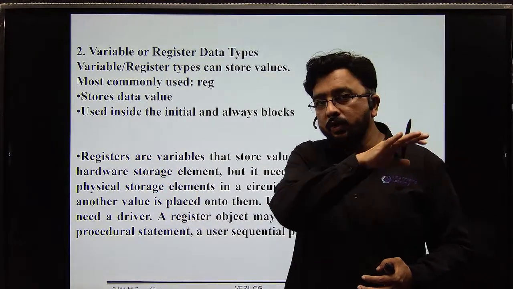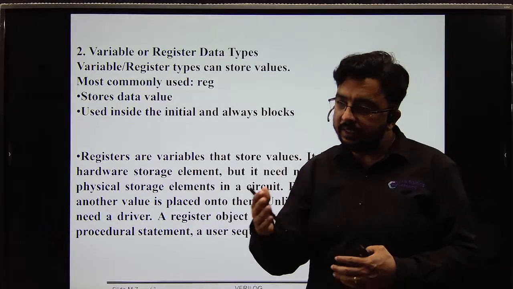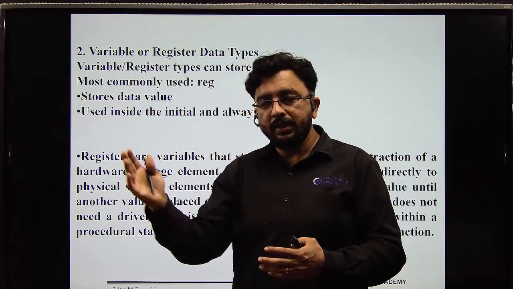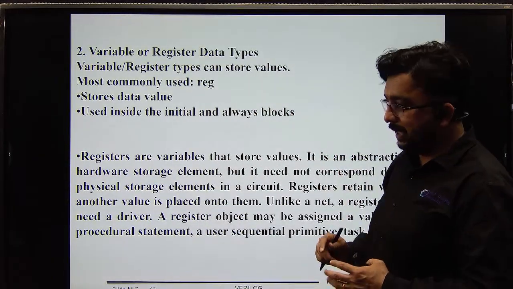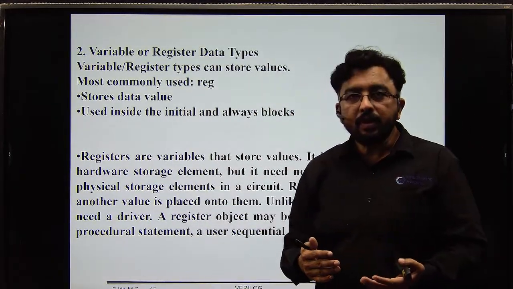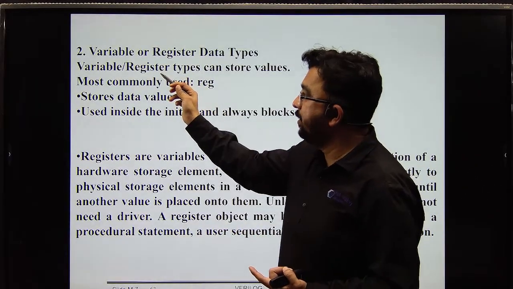Or a new value will come, stay there, perform the operation, and then again a new value will come and perform the operation. So that is the purpose of variables. One of the variables is known as register.